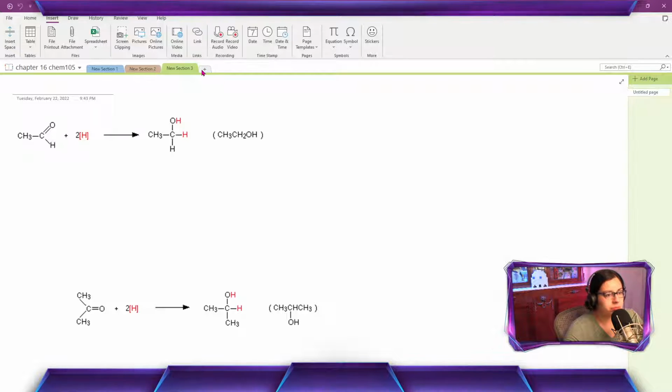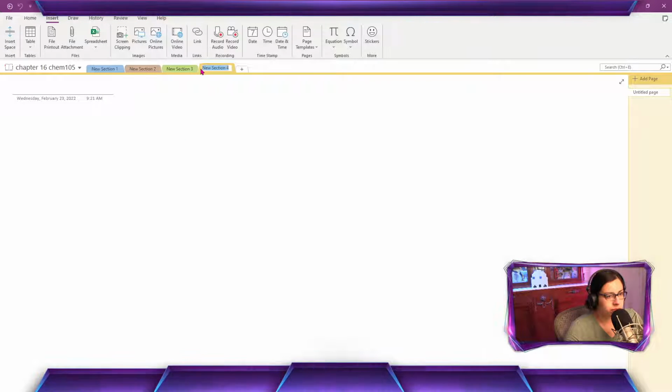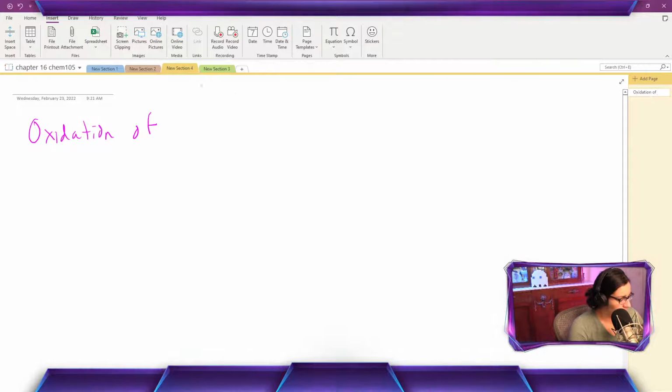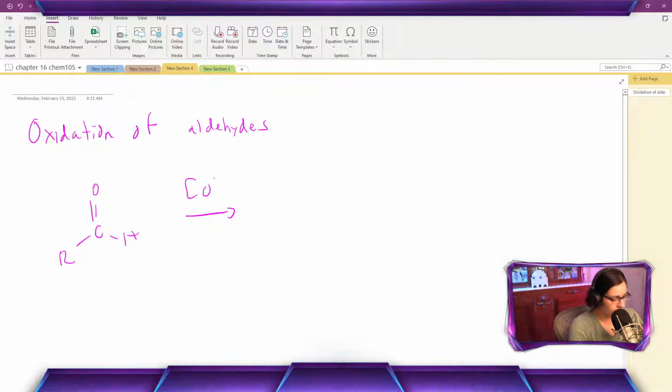Aldehydes can undergo oxidation. So we have our aldehyde, which can be oxidized to our carboxylic acid.